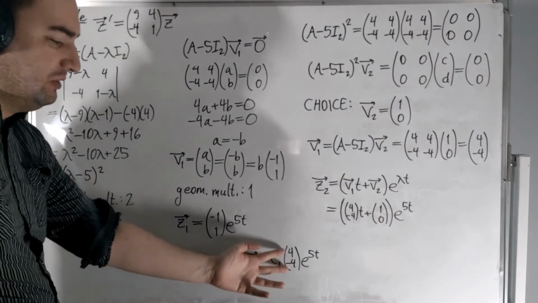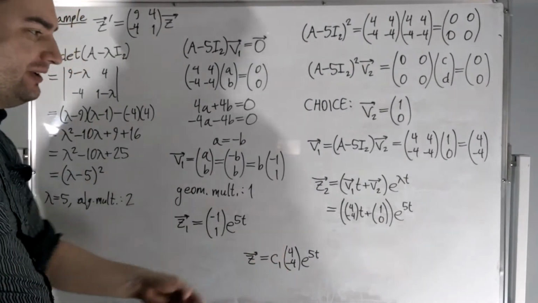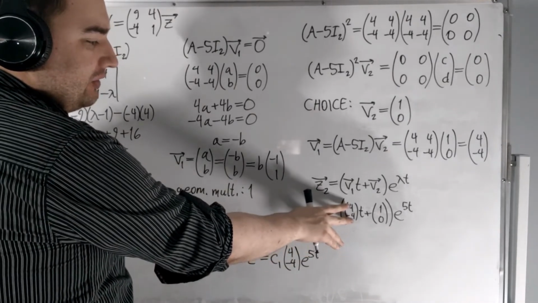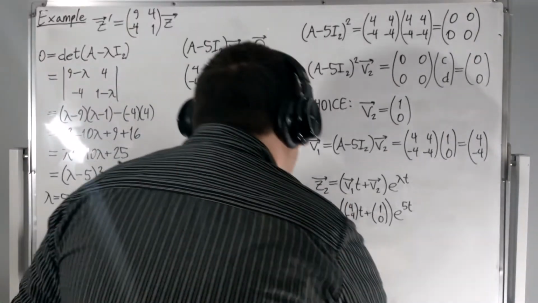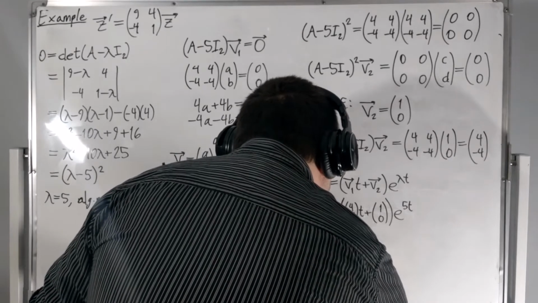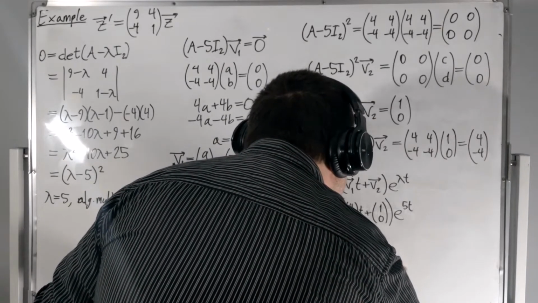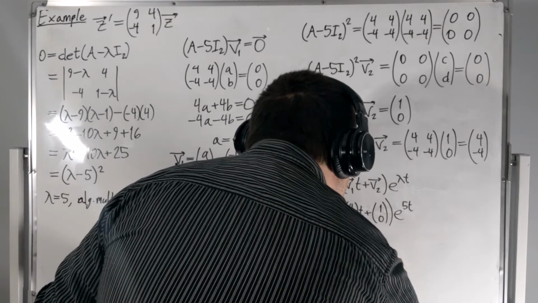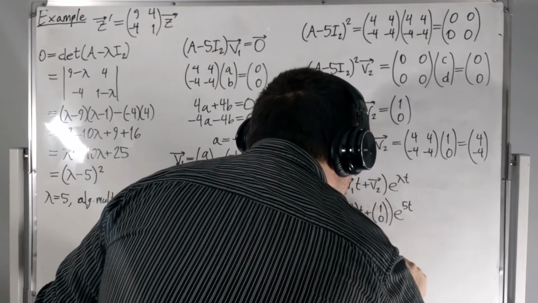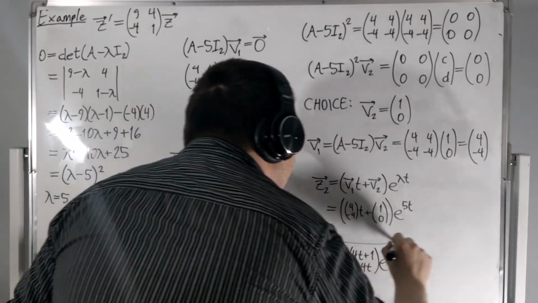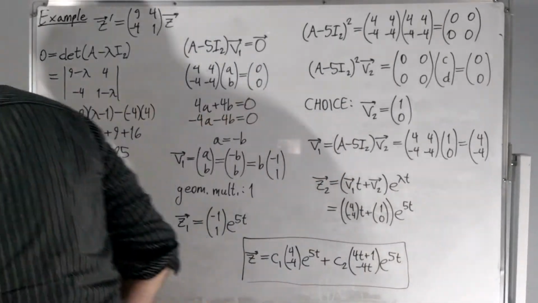You can take any scalar multiple right here and it would be fine. What matters is you have to have the right scalar multiple here. So add to this C2 times 4t plus 1, negative 4t, e to the 5t. And then that is our general solution.